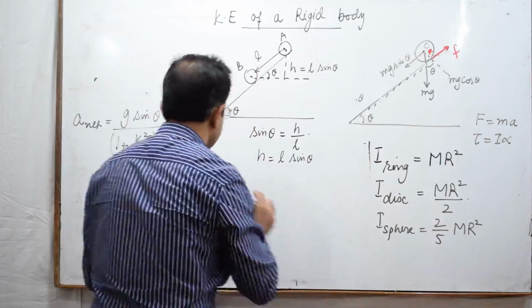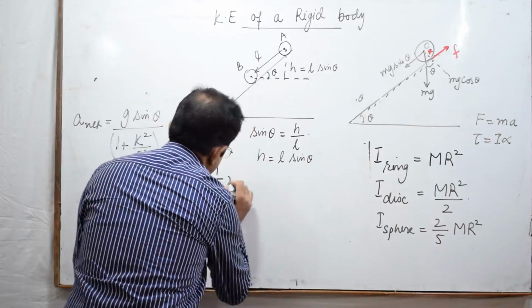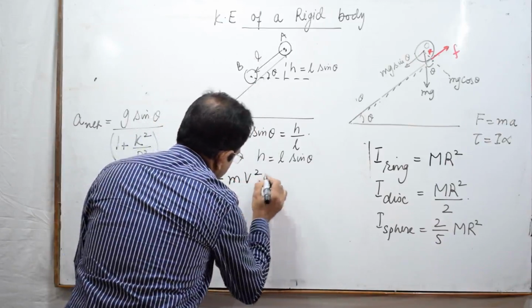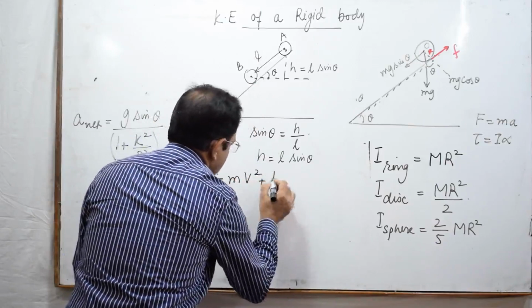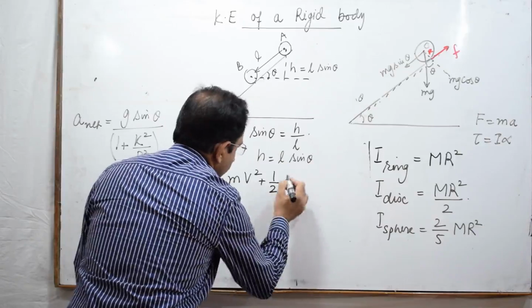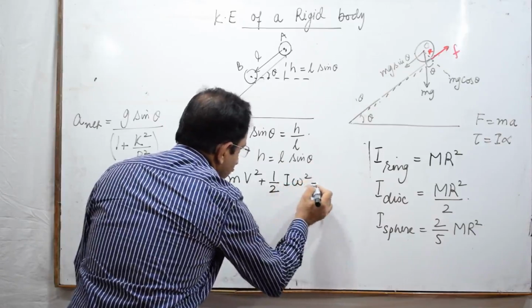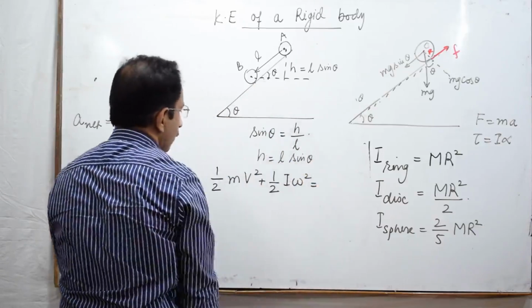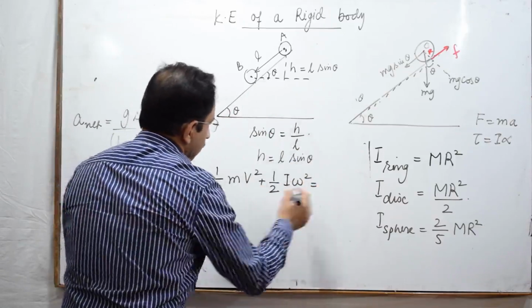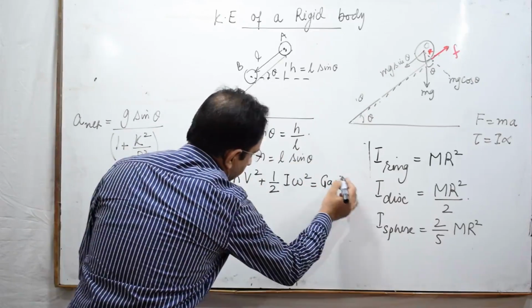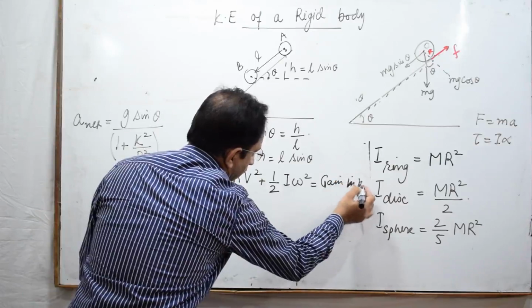The translational plus rotational is 1 by 2 mv square plus 1 by 2 I omega square. So these are the two kinetic energies possessed by the body. This is what is called the gain in kinetic energy.